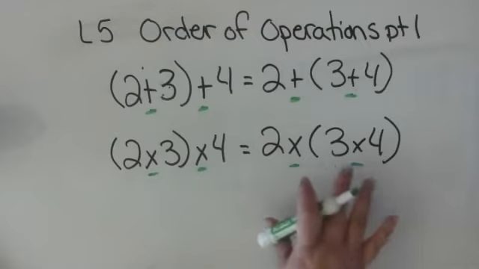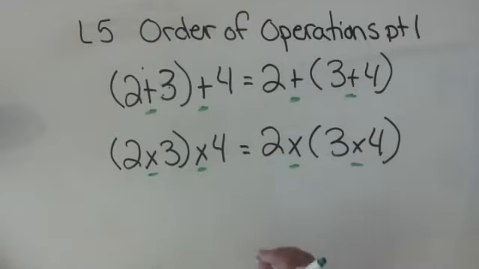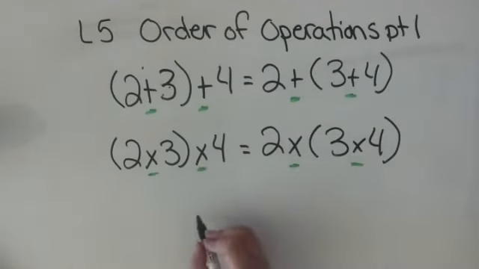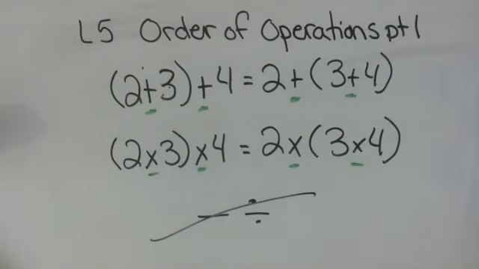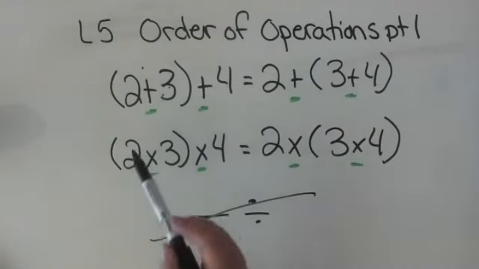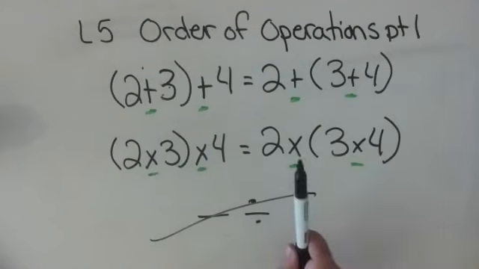I can put the parentheses wherever I want, and I will still get the same answer. Now, I cannot do this for subtraction and division. It does not work. The associative property only works with addition and multiplication, and it only works if all the numbers are the same on both sides.